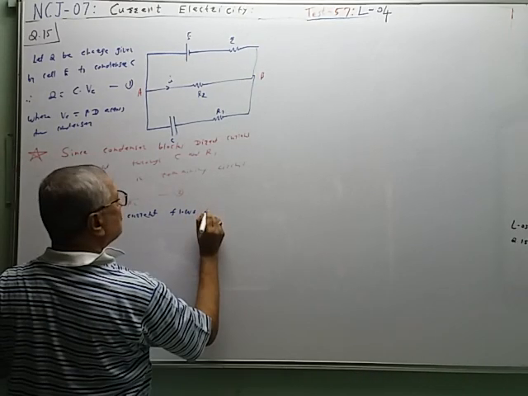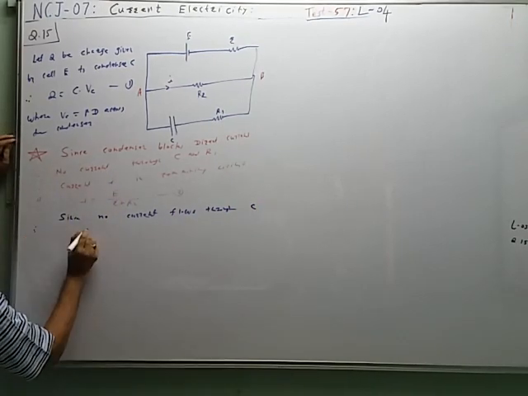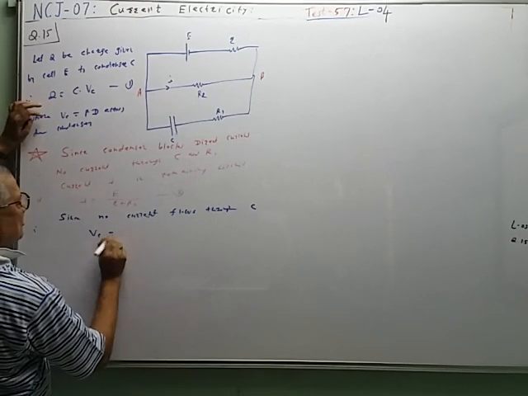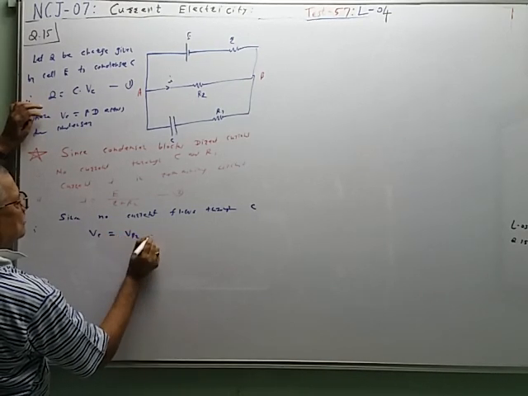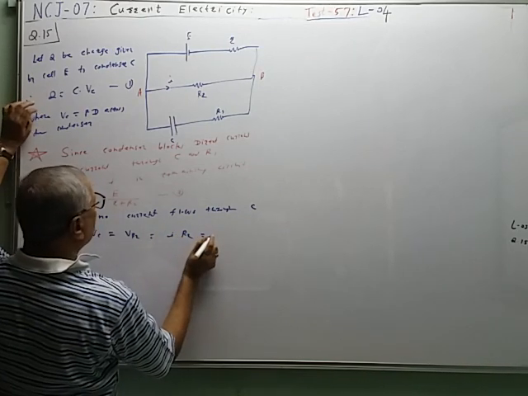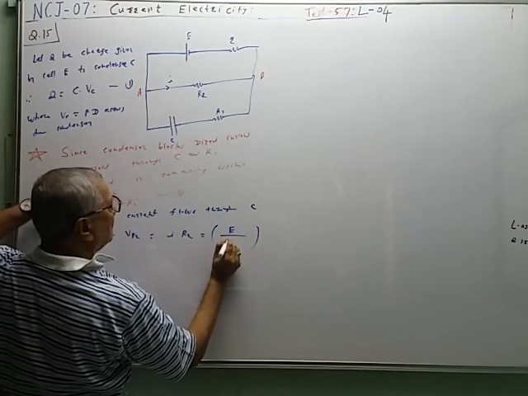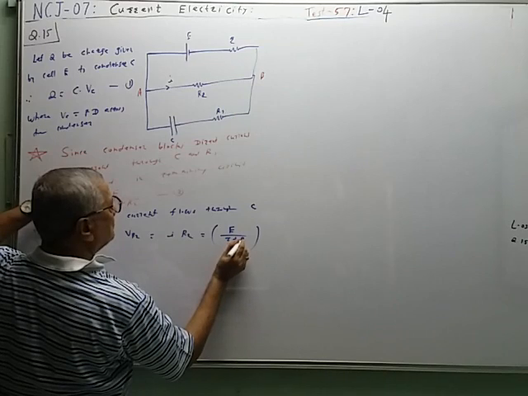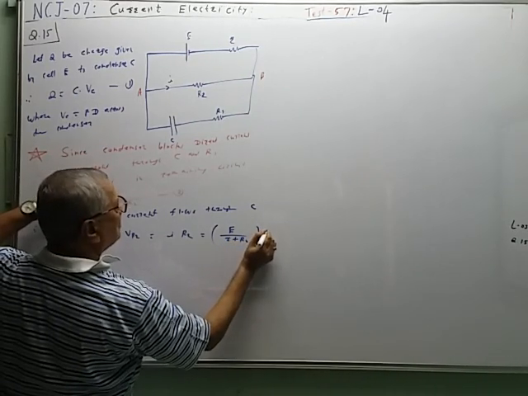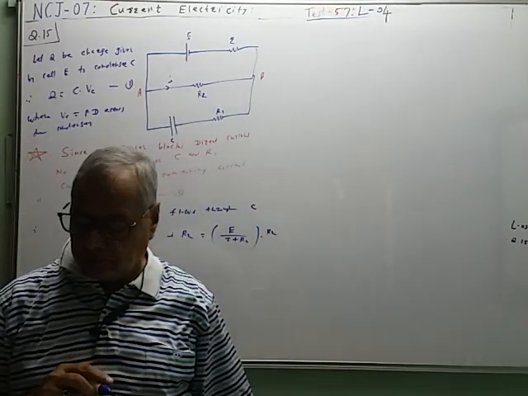Since no current flows through C, therefore Vc, potential difference across condenser, is equal to Vr2 is equal to I multiplied by R2, is equal to E upon R plus R2 multiplied by R2.